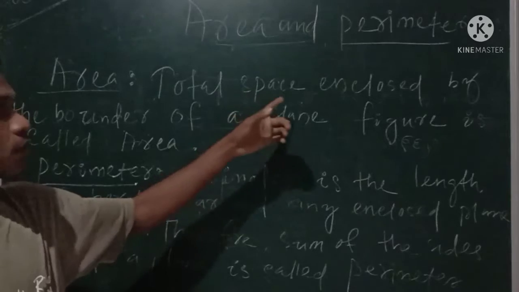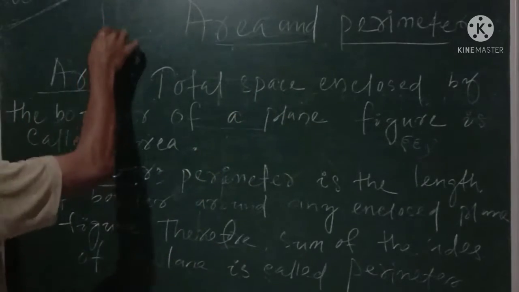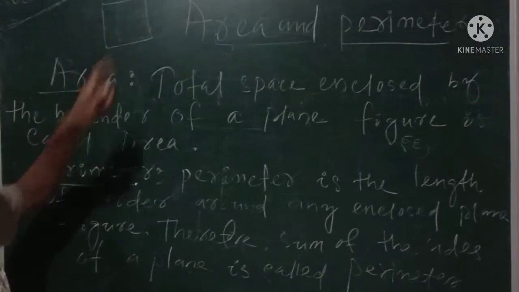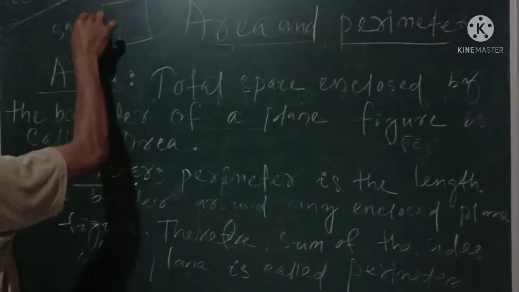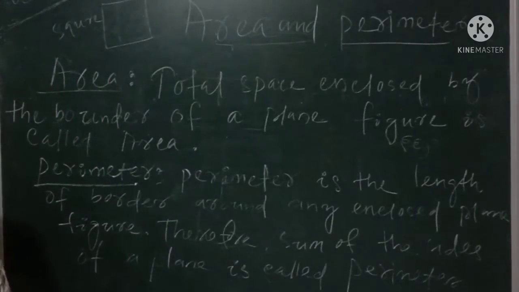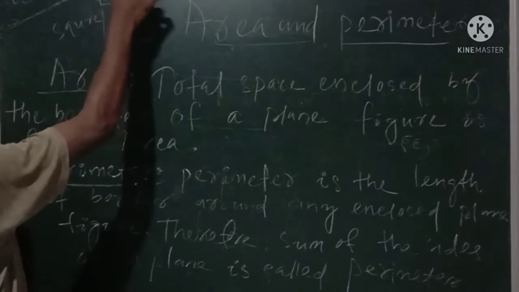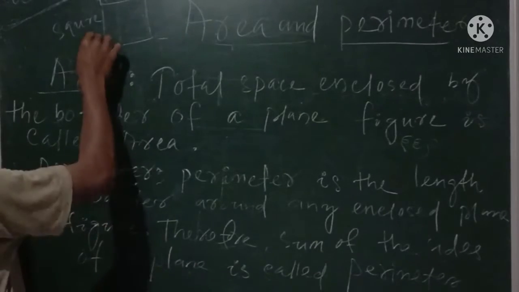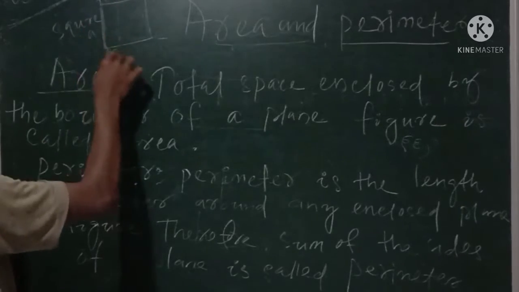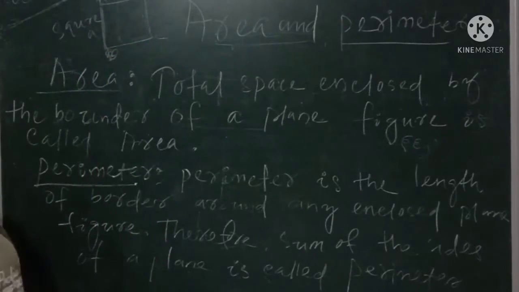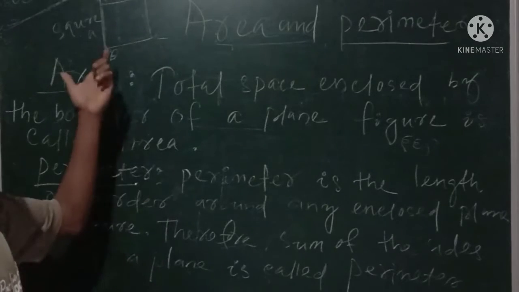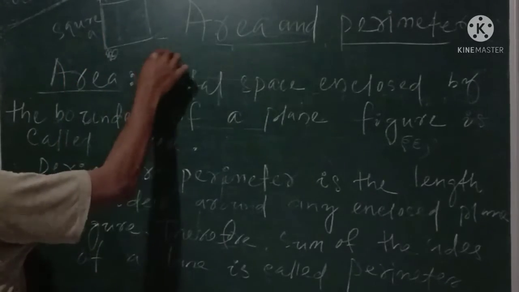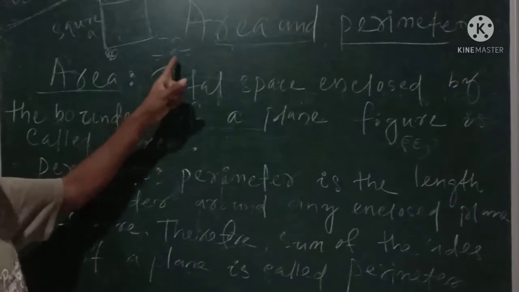So, total space. If I take a rectangle, that means this is the square. If I ask what is the area of this square, we already know how to find it.